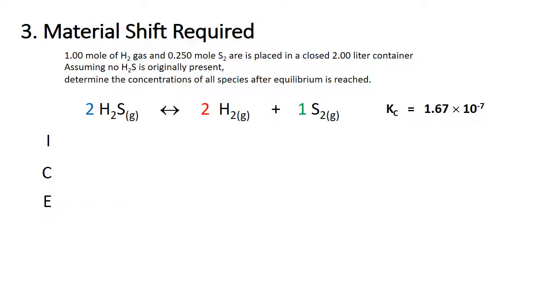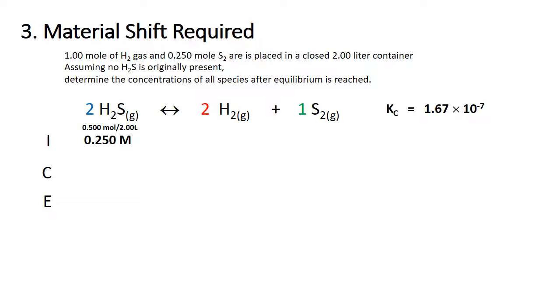These initial concentrations are going to be based upon the mole values we calculated after the material shift takes place. Thinking back to the previous slide, we determined that based upon our calculations, 0.500 moles of H2S could be present as we had converted as much of the product into reactant as possible. Taking this value and dividing it by the 2 liters gives us a concentration of 0.250 molar H2S.